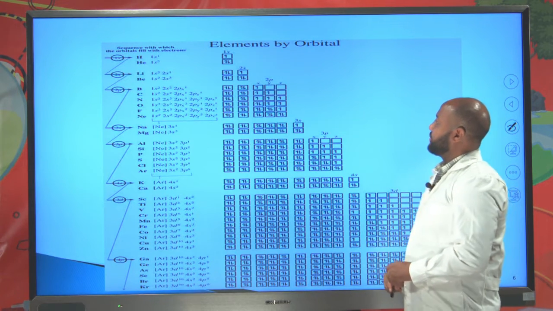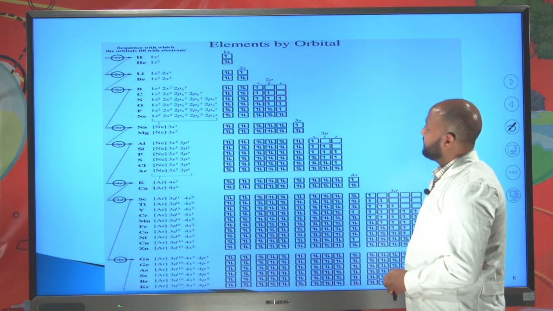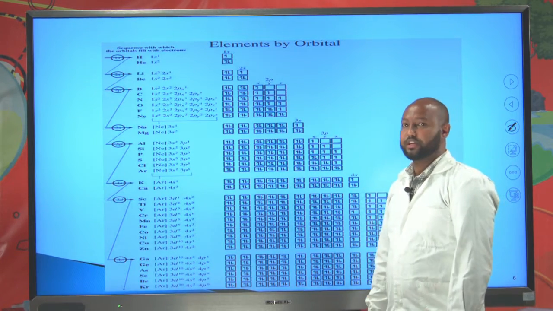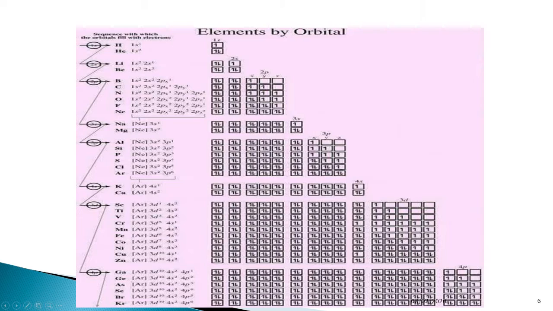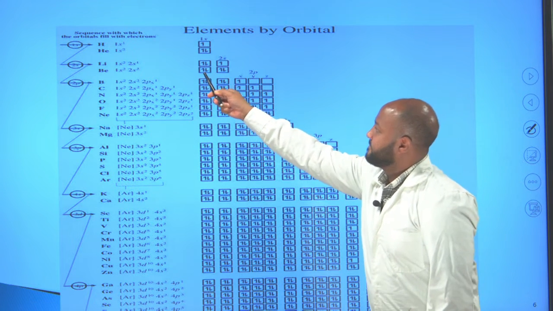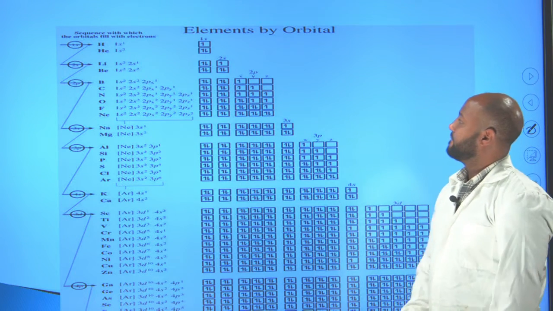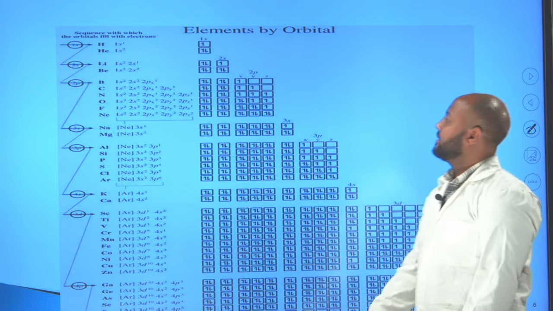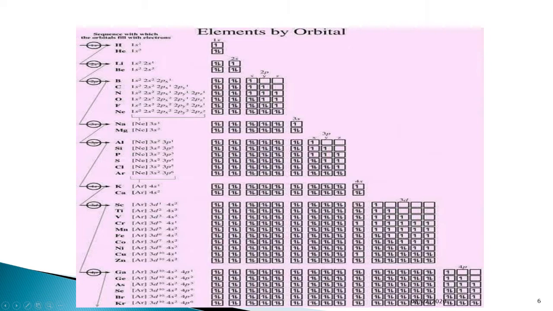Let's see these examples for more information. For hydrogen, it has 1s1 electron configuration, orbital 1s. For helium, 1s2. For lithium, 3 electrons, 1s2, 2s1. For oxygen, which has 8 electrons, 2, 4, 6, 7, 8.